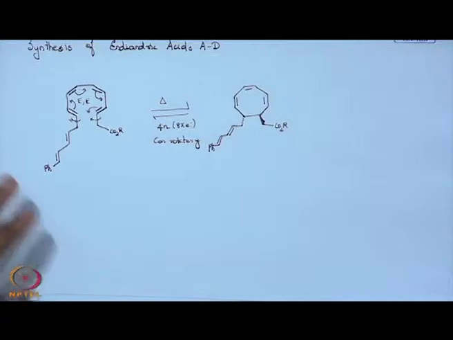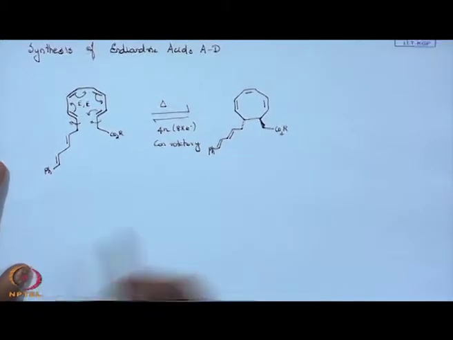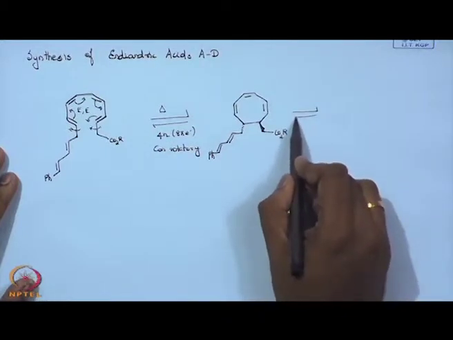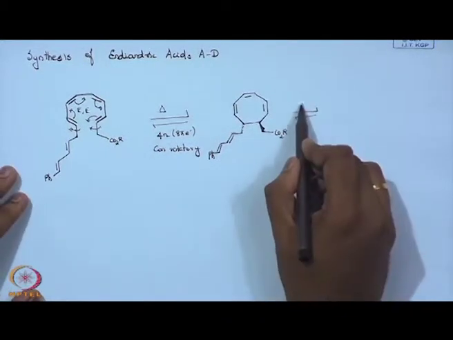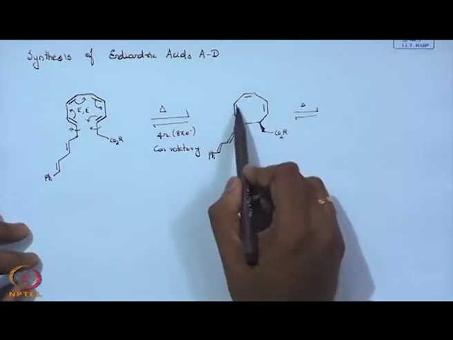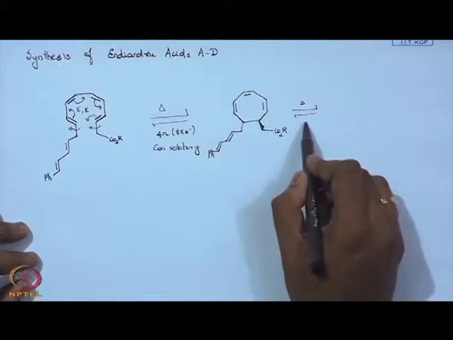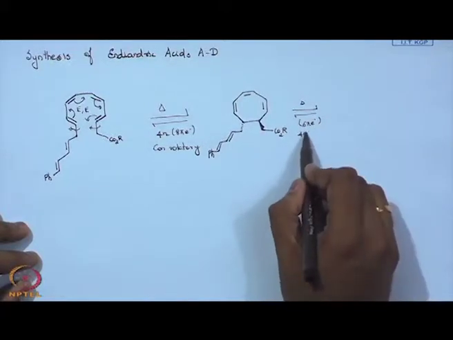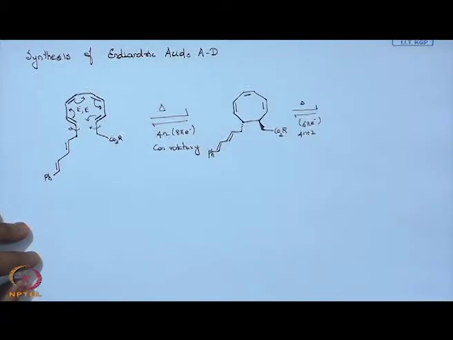Now, what will we do? We will take the same system. As I said in the earlier cases, if I again heat this, now it is a 6 pi electron system involved. So, it is 4n plus 2. What is that?